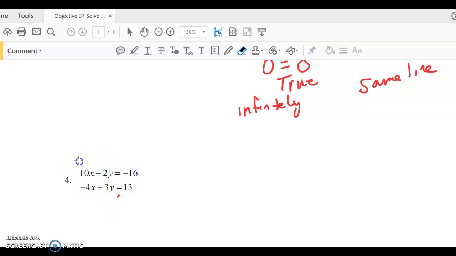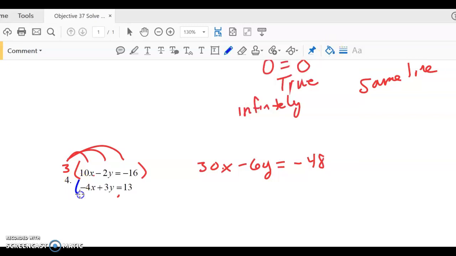I'm going to multiply the top equation by positive 3. I'll explain why I chose positive 3 in a minute. So I'm going to distribute, and I'm going to get 30x minus 6y equals negative 48. Sorry about this, the stylus is hard to write with. And at the bottom, I'm going to multiply by positive 2.